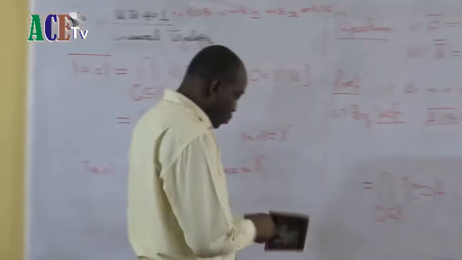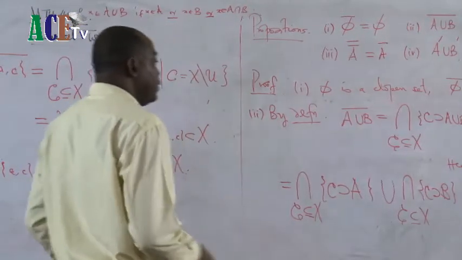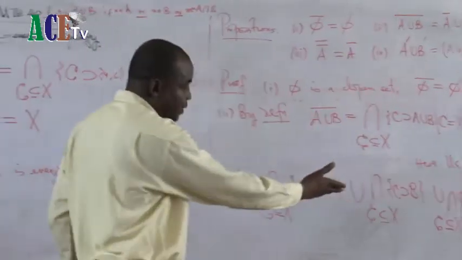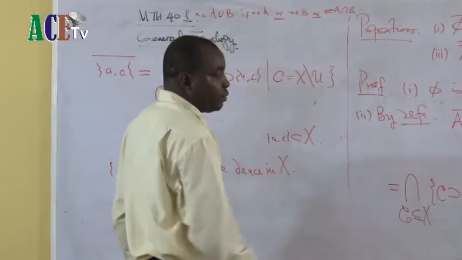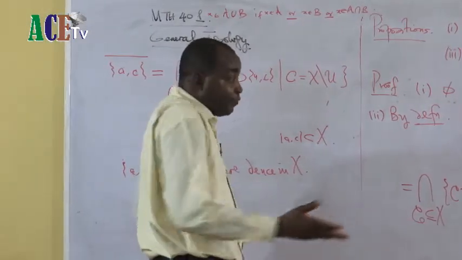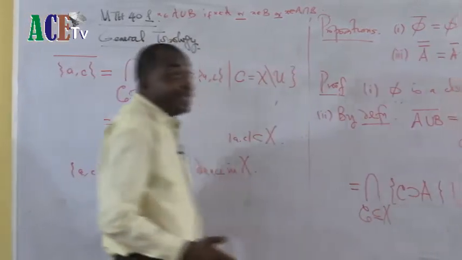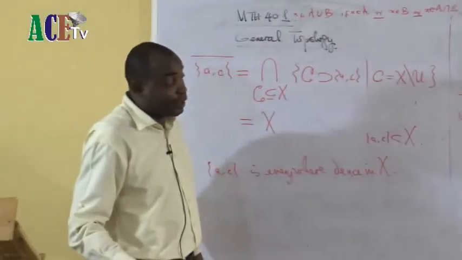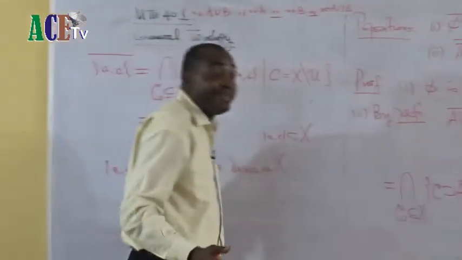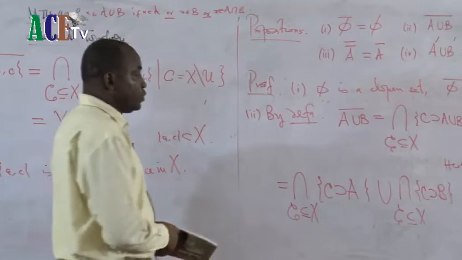Now this here may not always be true if A intersects B, for instance, a disjoint set, that is, if A intersects B is an empty set.